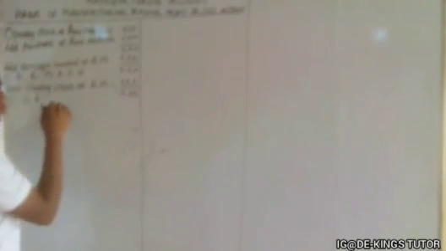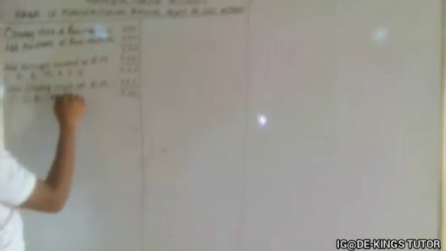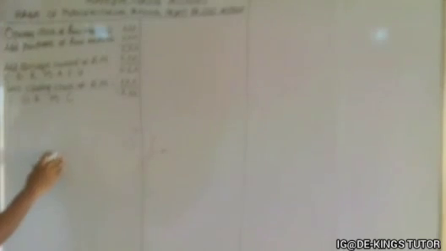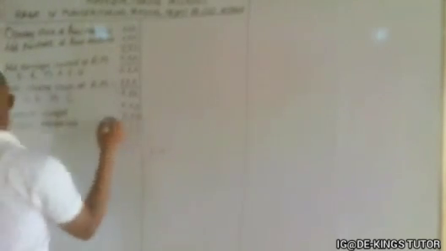Now the next one is cost of raw materials consumed. Okay? Now at this point, we can start adding other expenditure. We'll start to add the direct expenditure. So one of the direct expenditure can be direct wages. We have direct wages here. Another one can be, if we have any direct material, you add it here.